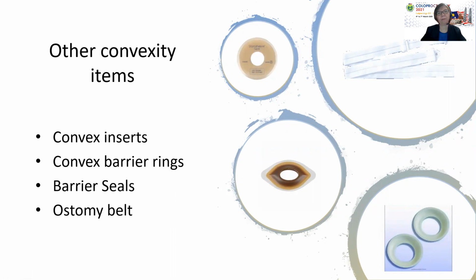At that time we didn't have what we call the integrated convexity skin barrier. So at that time, we were using the convex insert. You can push the convex insert into the two-piece system, the flat two-piece system. You push it inside to make the flat skin barrier protrude out to give some convexity. It is not easy to put in and it is not easy to remove and reuse.